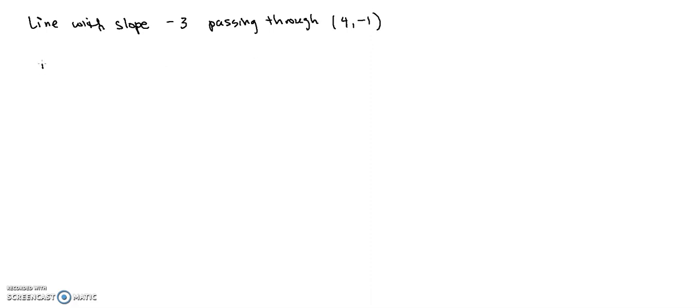So we'll do it both ways. We'll use y equals mx plus b, so you can see that way. And then we'll also use y minus y1 equals m times x minus x1. And then it's just a matter of whichever one you prefer that you want to use, okay? So either way, this is our m, and this is going to be our x and our y, or our x1, y1, depending on which way you go.